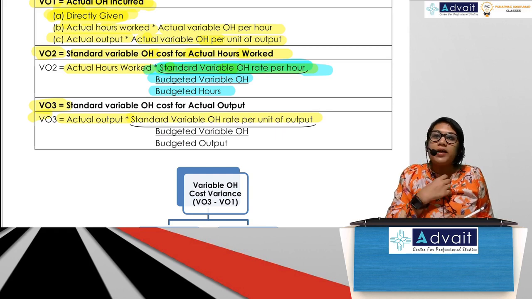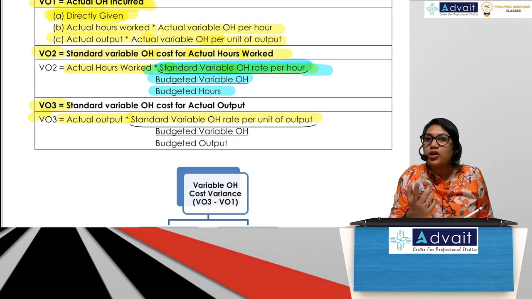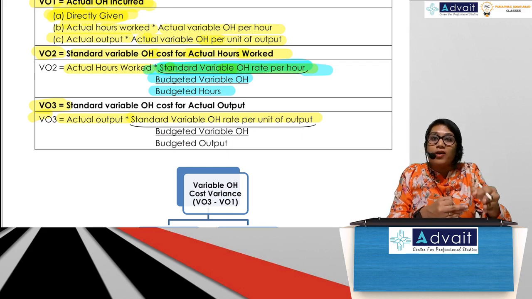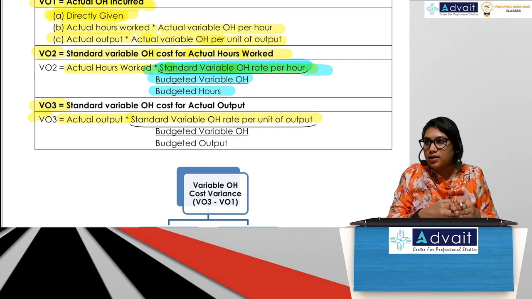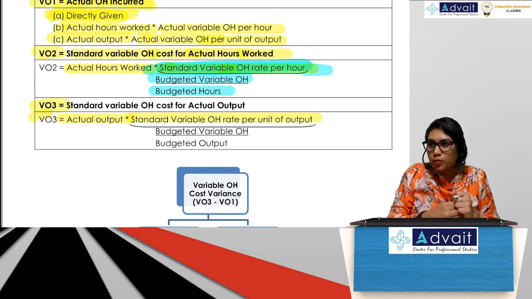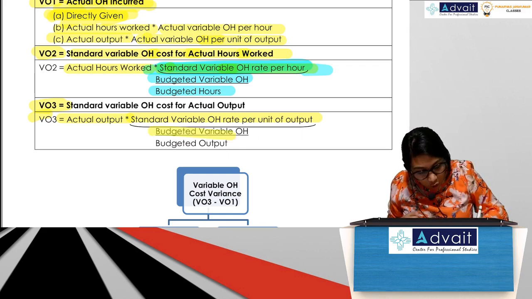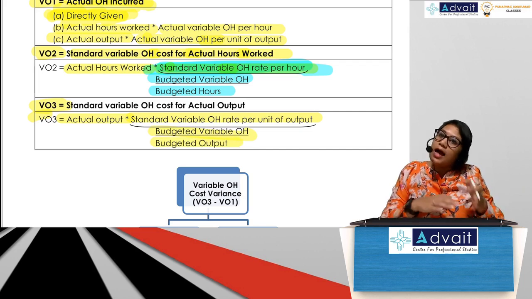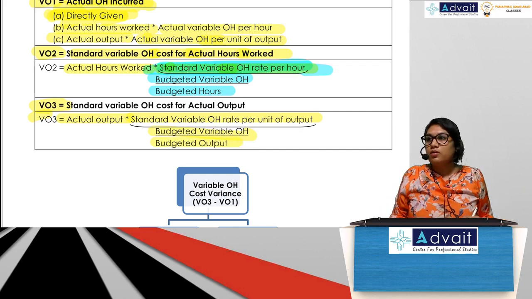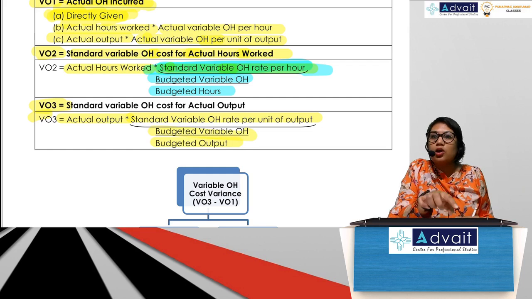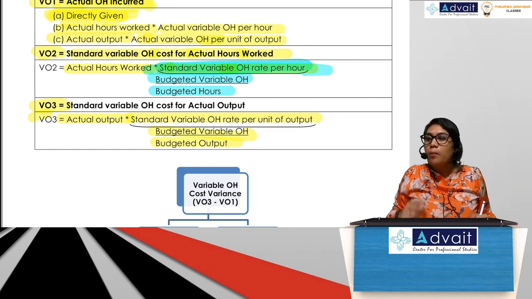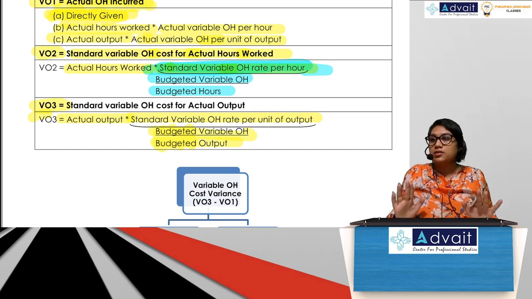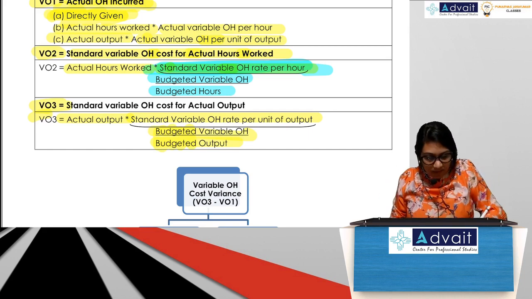So this will not be directly given in the problem. How do you calculate? This is the standard variable overhead rate per unit of output. So total variable overhead divided by total output will give you the rate per unit of output. But please remember, both have to be standard, guys. That's why I've written budgeted.